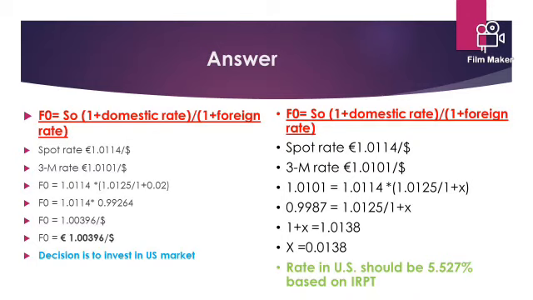So based on IRPT, by going by the first method or by the second method, your decision is the same, we should invest in US. Now why US? The second method also says the government should provide only 5.52%, but actually the US government is giving 8%. So anyhow, the US market is giving you more interest, and that is why we will invest in US.